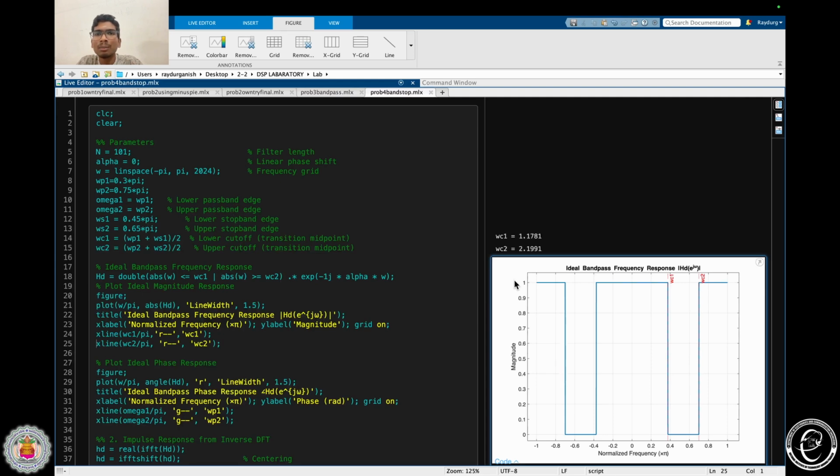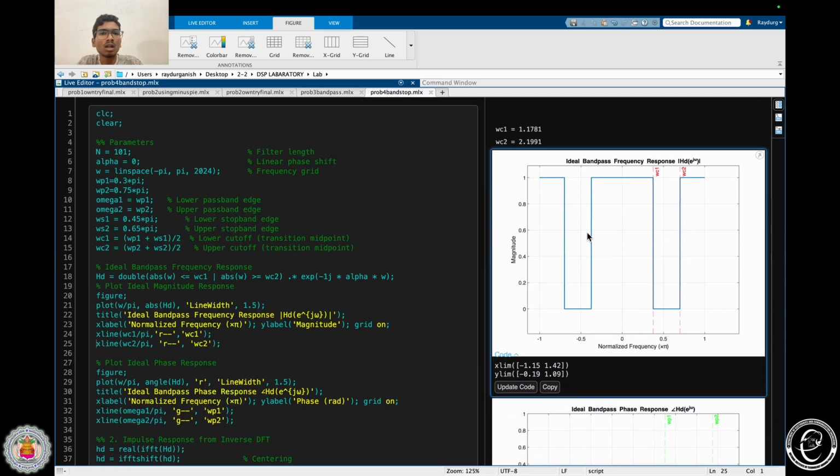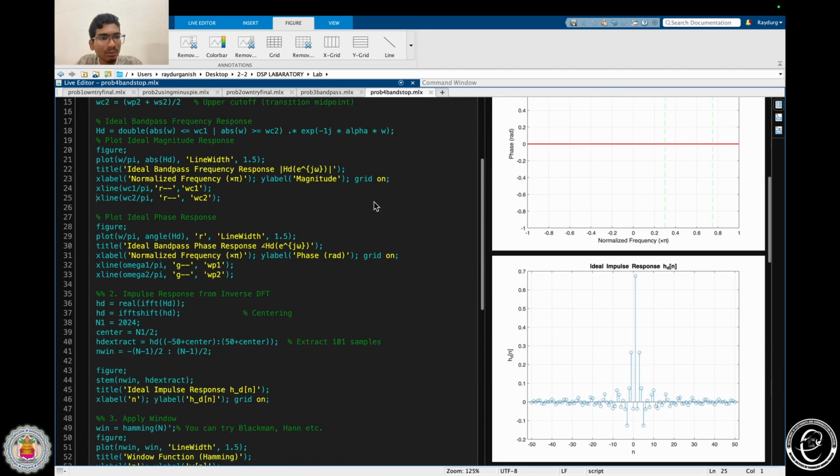So similarly for the band stop, we can design it using a low pass, or we can directly proceed from the ideal band stop frequency response. So here in between omega C1 and omega C2 it is the stop band, above omega C2 it is the pass band, and below omega C1 it is the pass band. The rest is same.